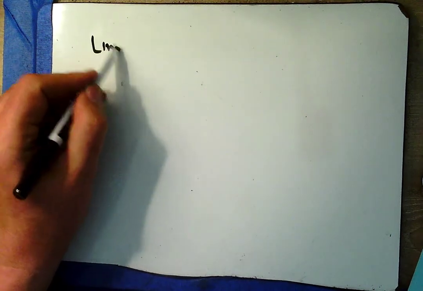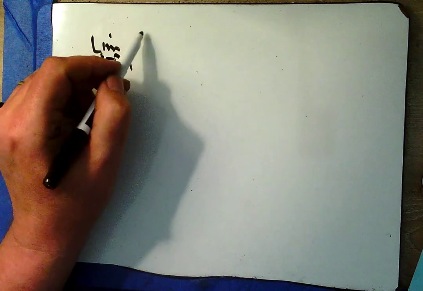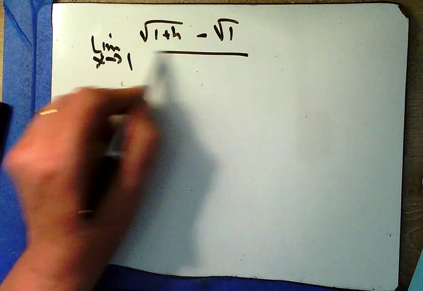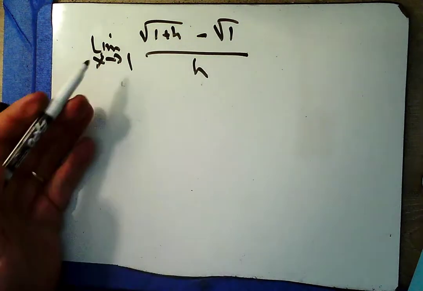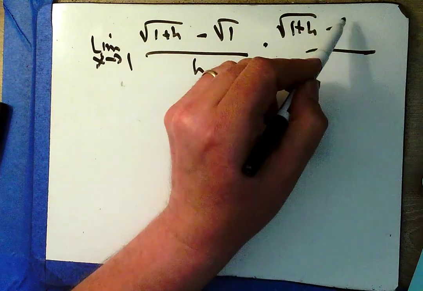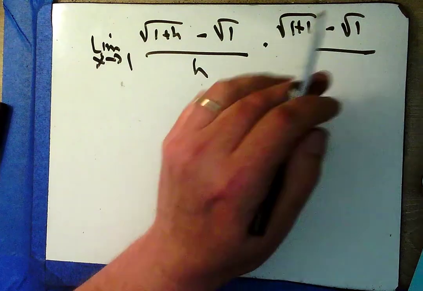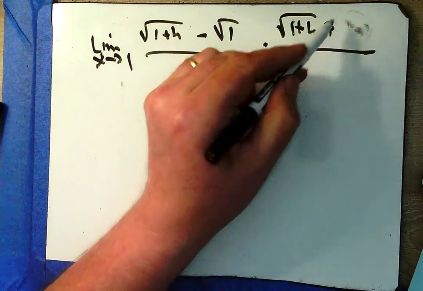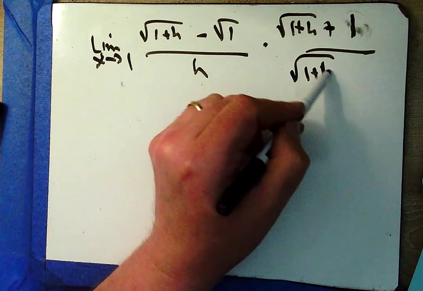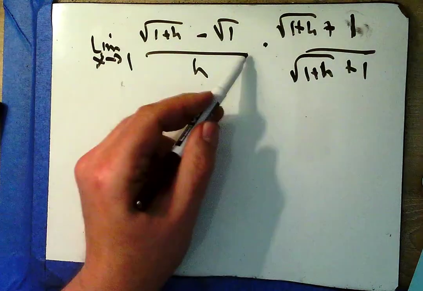But if you had said the limit as h approaches 0 of square root of 1 plus h minus square root of 1 over h, you would still multiply top and bottom by the conjugate. In fact, I think I want to simplify that. Plus h plus 1. Okay?